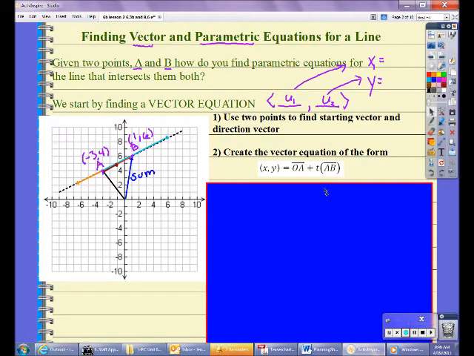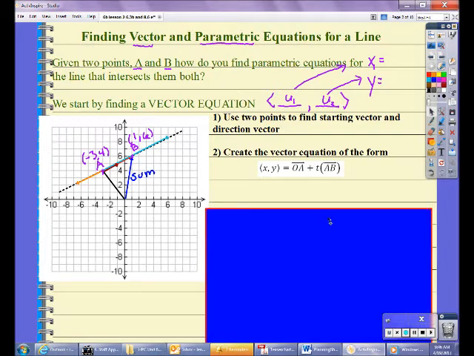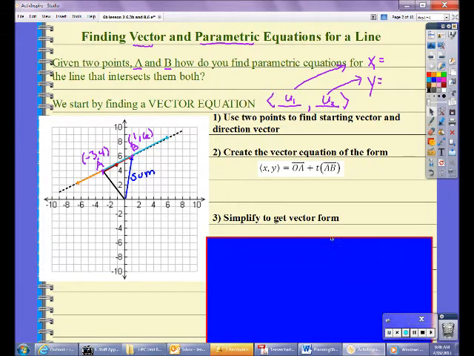Now, next step. Simplify to get the vector form. So right now, we've got OA, which is our starting vector, and t times AB, AB being our direction vector.